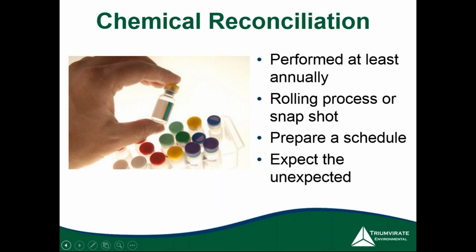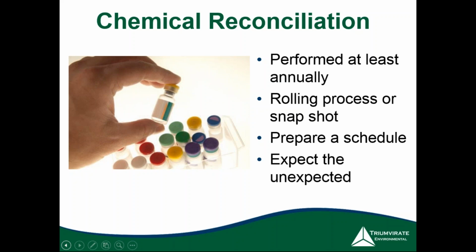Or you can do a rolling process. Bigger companies that have a lot more chemicals on site typically implement a rolling process and prepare a reconciliation schedule. If you've got a couple buildings and a lot of different departments, they'll say building 1, chemistry floors 1, 2, and 3 get inventoried in January.